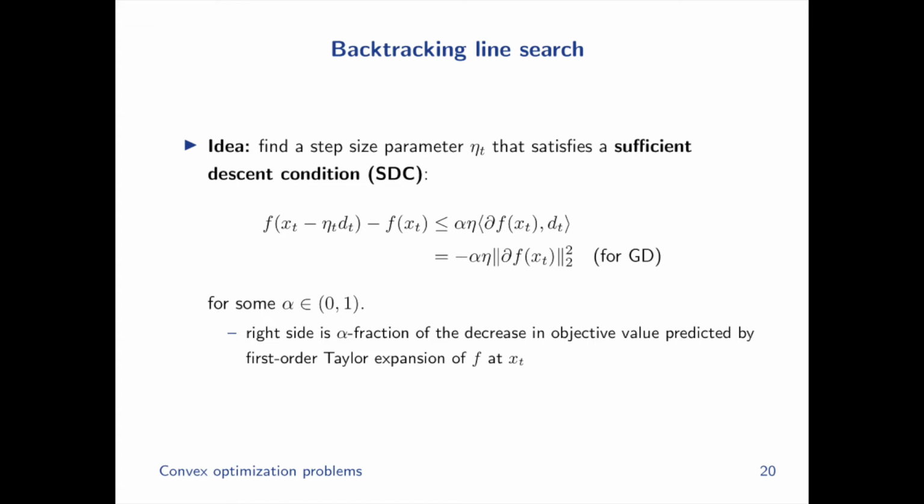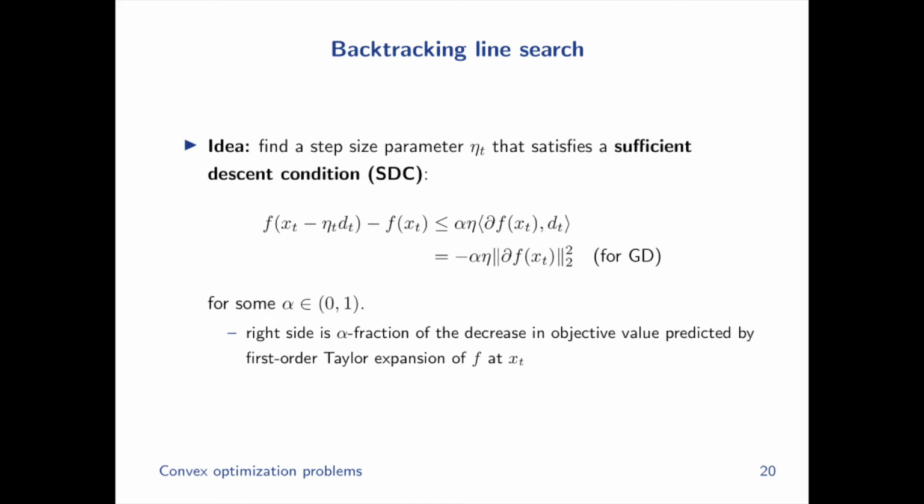On the left side, you have the difference between the function value at the candidate next point and at the current iterate, and on the right side, you have the predicted difference according to this first order gradient model. This parameter alpha is the fraction that controls how much of a predicted decrease you're willing to accept. So a small alpha means you're willing to accept a very small fraction of the predicted decrease.